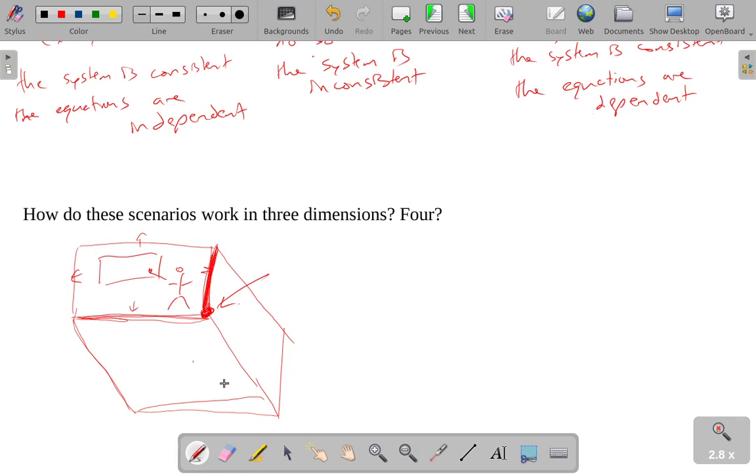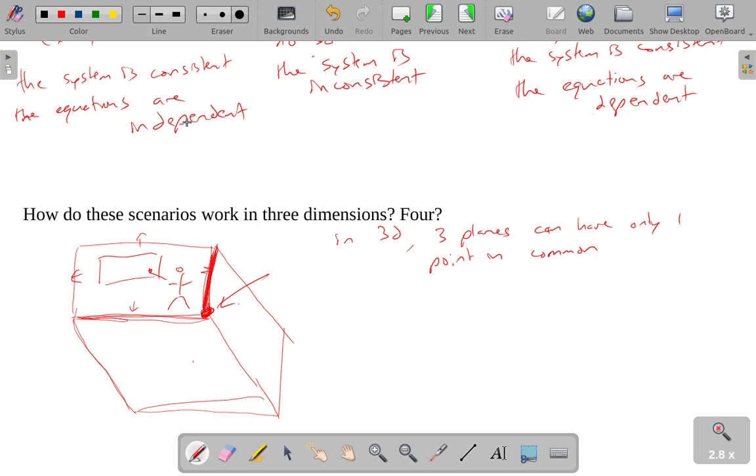So when we're talking about 3D, three planes can, we can get a single point here, can have only one point in common.